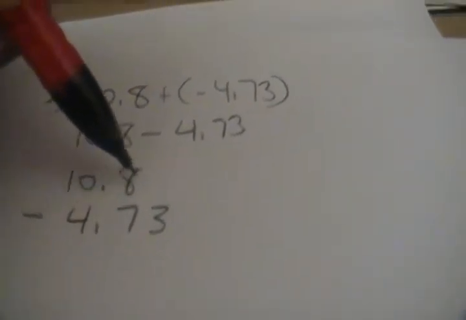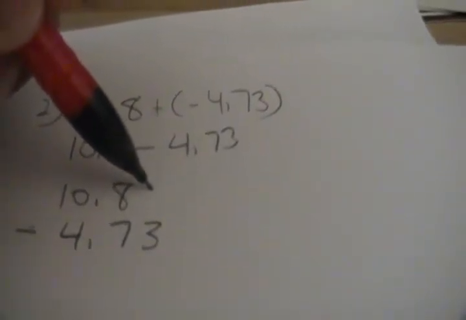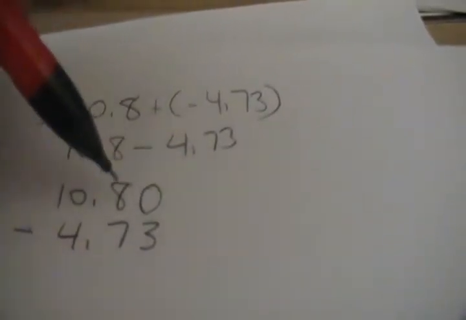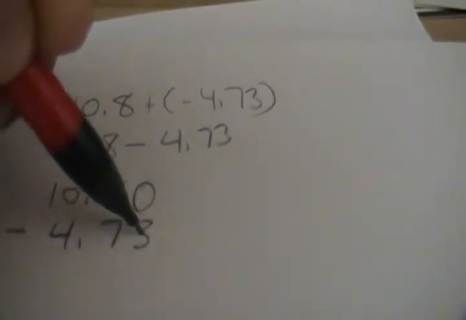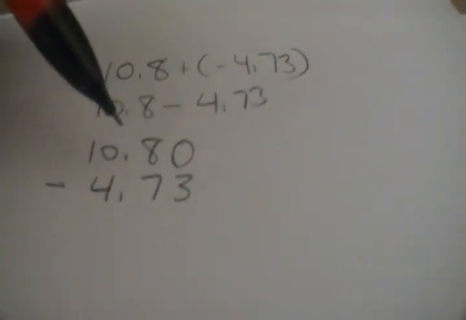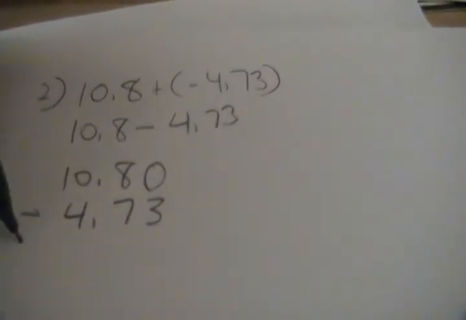However, we know that if we add a 0 after the 8, that is also equal to just 10.8. So whenever you have a decimal number where one is longer than the other, you can just keep adding zeros to make everything aligned. So now you can actually subtract the numbers.